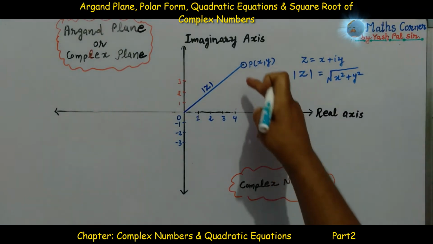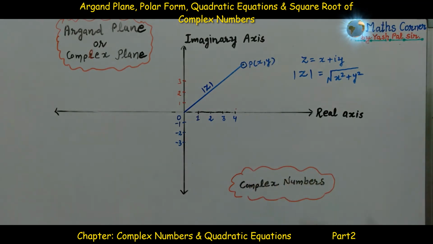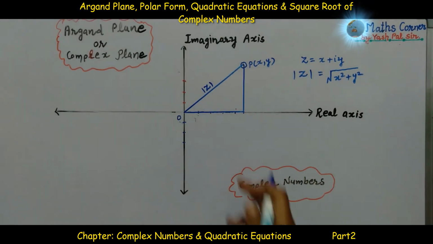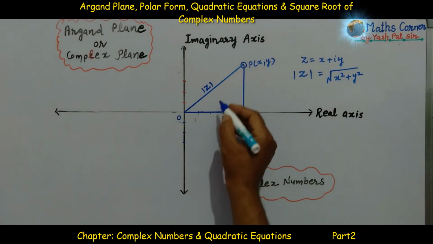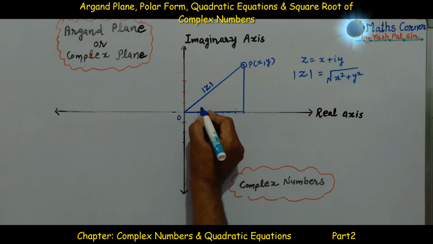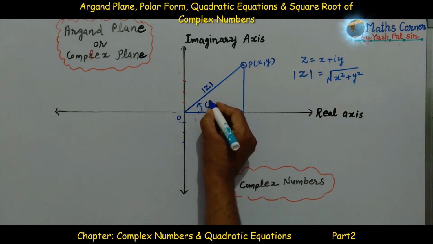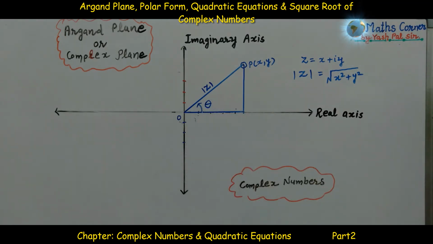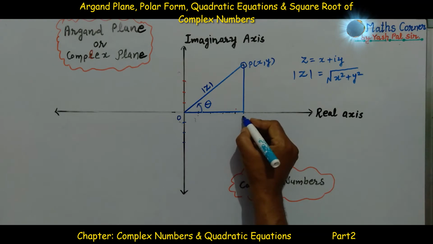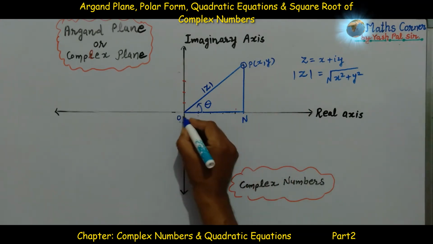Now if we draw a perpendicular on the x-axis, that is the real axis, from this point P, we get a right-angled triangle with an acute angle theta in the anti-clockwise direction. Suppose the foot of the perpendicular is N. So what is ON?